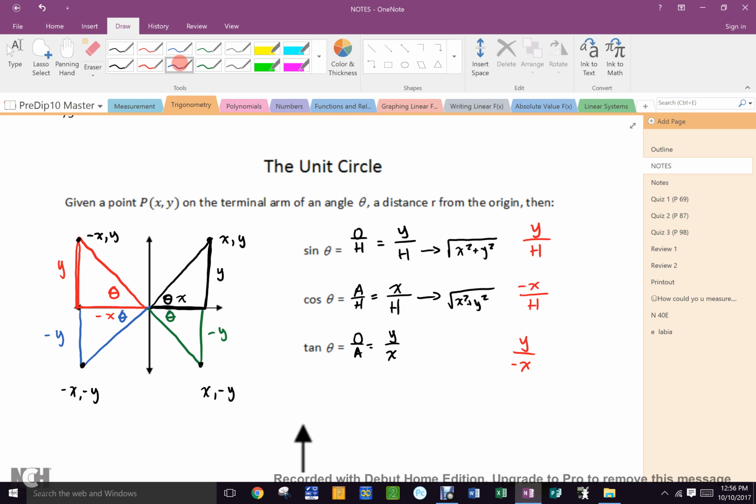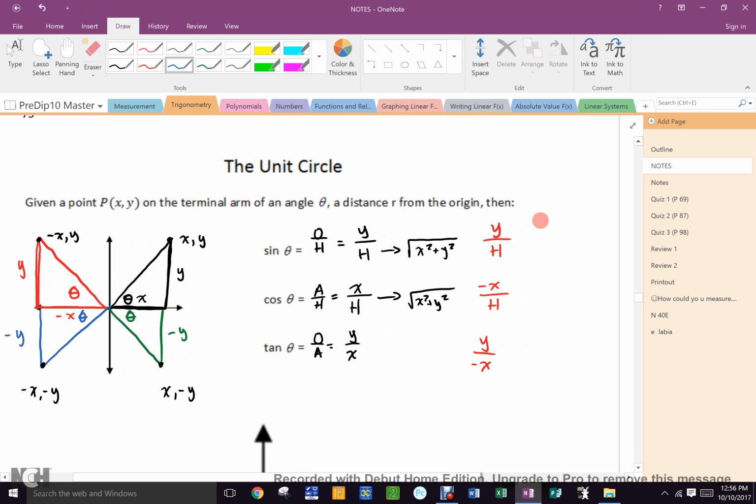Okay. What about blue theta? Negative y over h, which is always what? Always the same. What's blue's cos? And what is blue's tan? Negative y over negative x. Hey, what do two negatives give us? Positives.